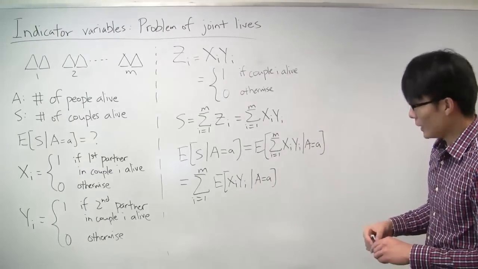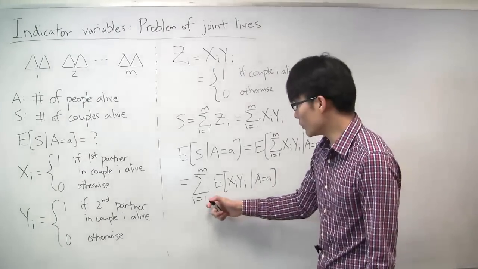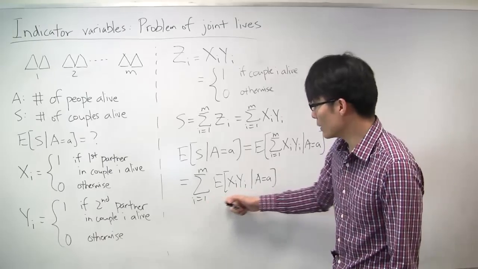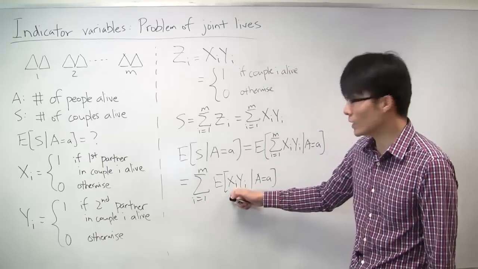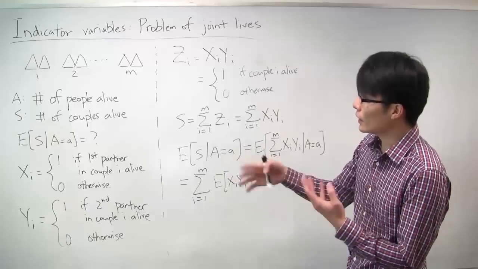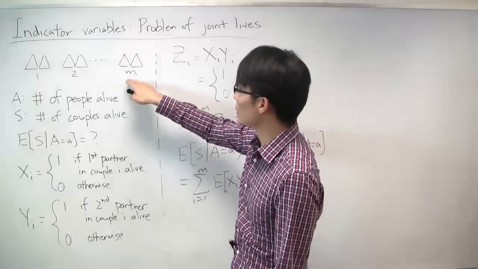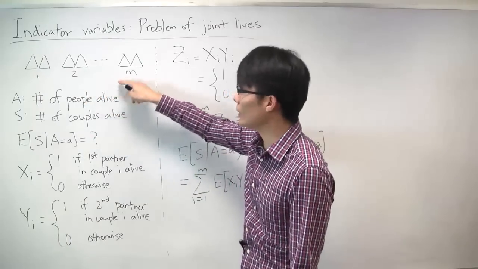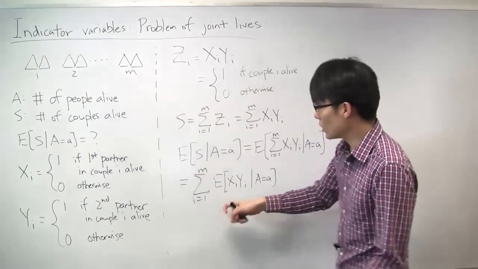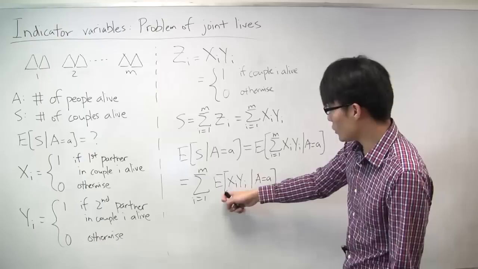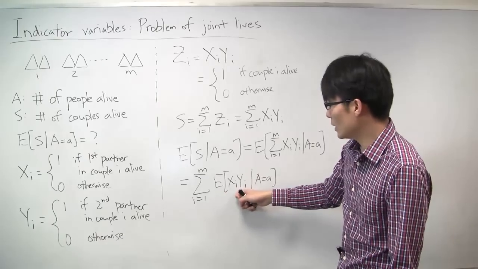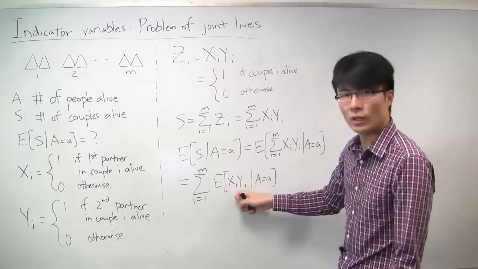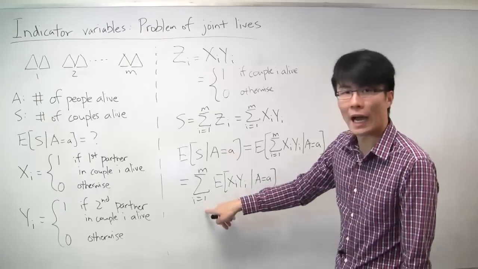Now we can further simplify this, because it doesn't actually matter which i we're talking about. Because of the symmetry, all the people have the same probability of being still alive, and they're all independent, so each of these expectations, for a couple i, is going to be the same no matter what i is.